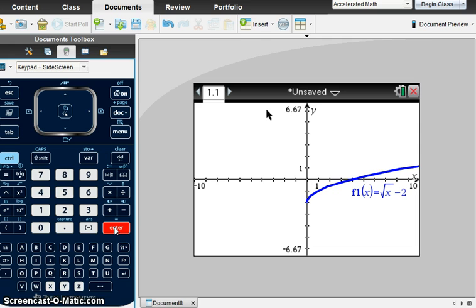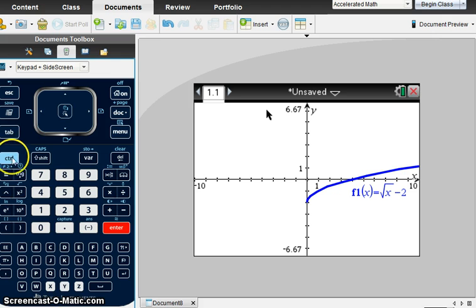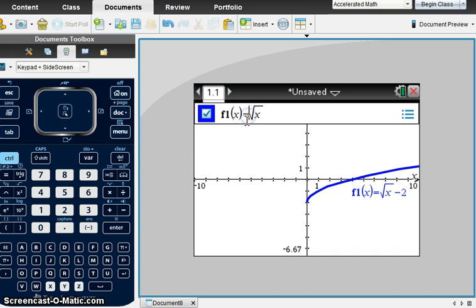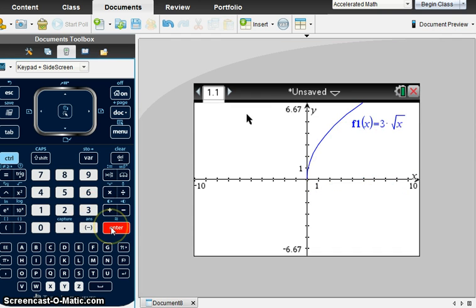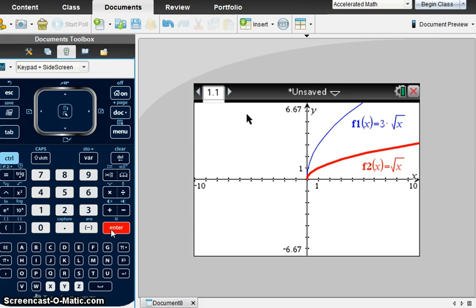Down 2 units. In example B, it's 3 times the square root of x. So delete that, and put our cursor right there: 3 times the square root of x. And I'm going to go ahead and bring back in the square root of x, just so that you can see that one as well. The red one is our original, the parent function.